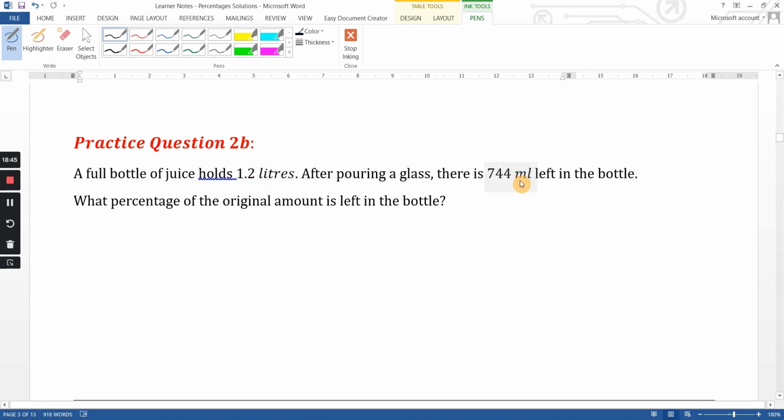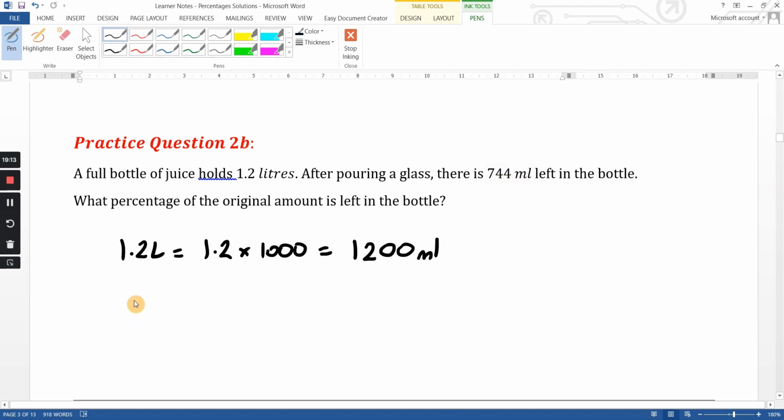This is in millilitres, this is in litres. So let's change the litres to millilitres. That's going to be times by 1,000 because there's 1,000 millilitres in 1 litre. So that's going to be 1,200 millilitres.